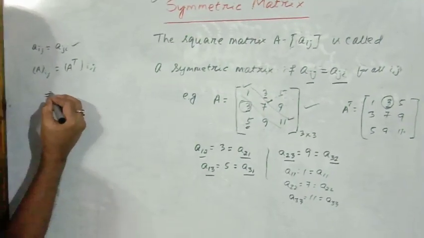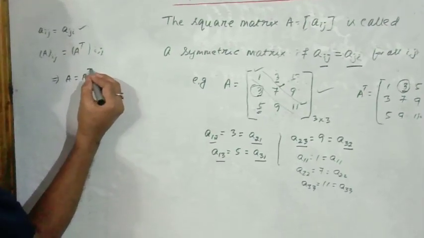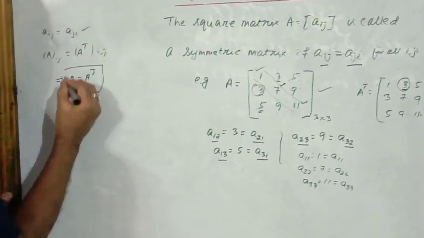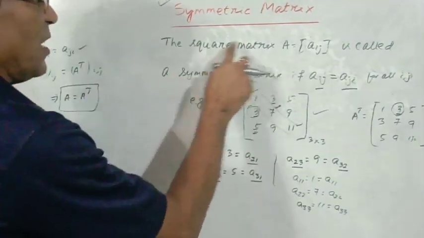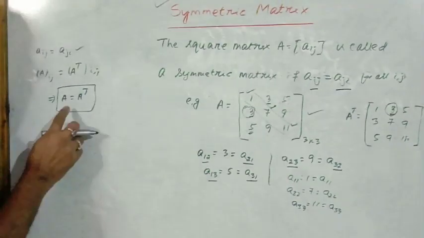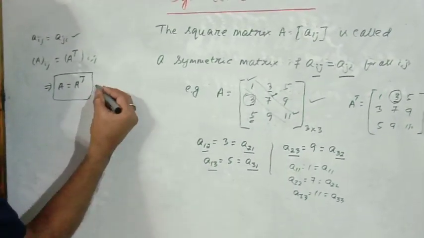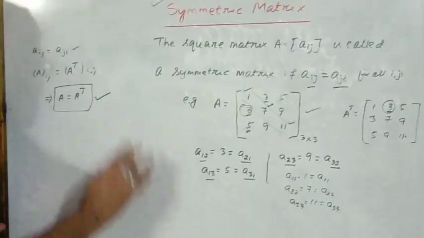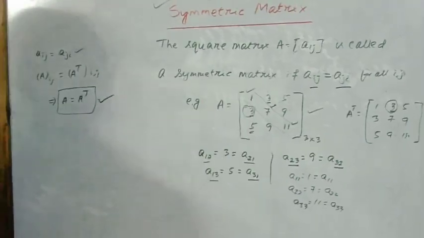So we can say that A is equal to A transpose. It is another definition of a symmetric matrix, that a square matrix A is called a symmetric matrix if and only if the matrix A is equal to its transpose.